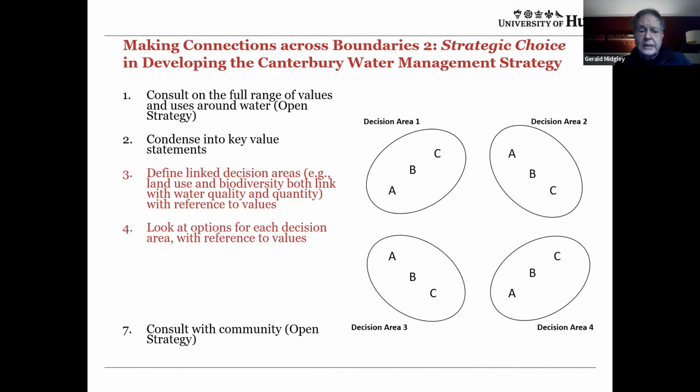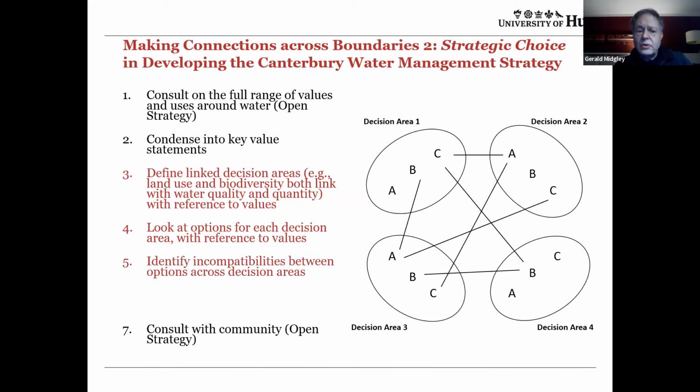decision areas. And then you don't just look for the compatibilities between policy options in the different decision areas, you look for key incompatibilities, and that quickly separates out what you can and can't do together.